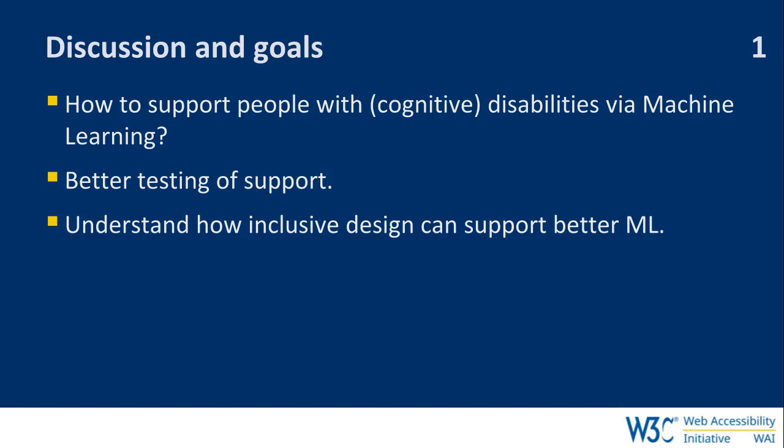So we're going to be talking about how machine learning can support people with cognitive disabilities, how this could potentially enable the better testing of that support, and just generally understand how inclusive design can support even machine learning by developing data sets which understand what works or does not work for particular diverse user groups. Is that right?